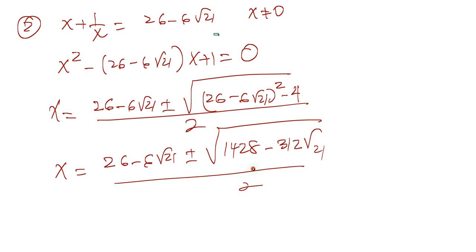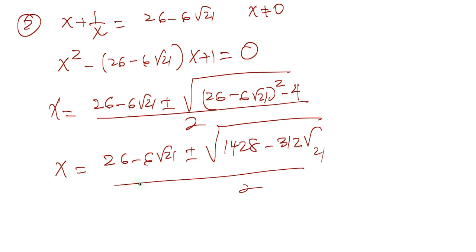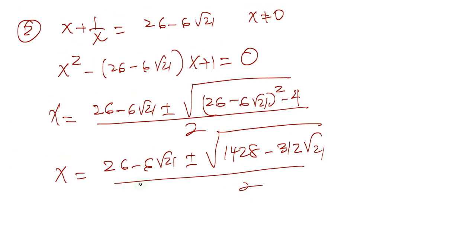Oh my God, something bad happened. Okay, I'm just gonna simplify this here, guys, because otherwise I will have to start from the beginning and I don't want that. The thing is that negative 312 square root of 21 is greater than 1428, right?